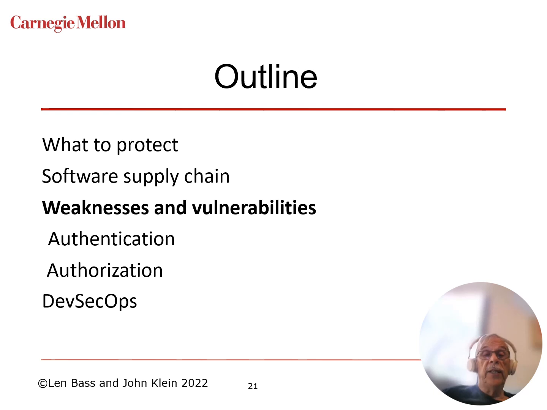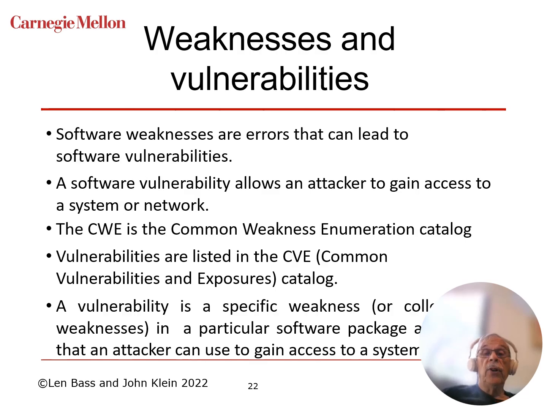Okay, so let's move on. I promised you I would talk about vulnerabilities. Well, now's the time. There are things called weaknesses. A weakness is a coding practice that is potentially vulnerable. For example, in something like C, if you allocate memory and then do not free it, that memory stays around, but it provides an avenue for a potential attack.